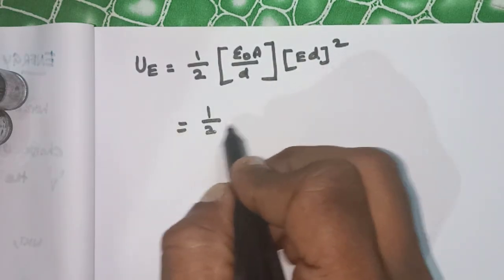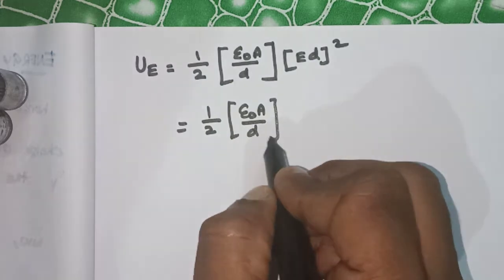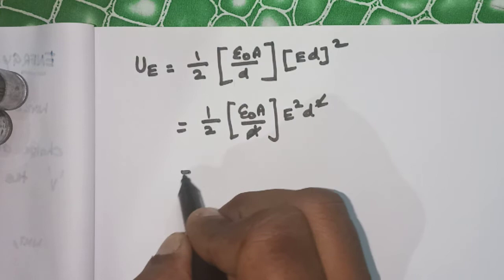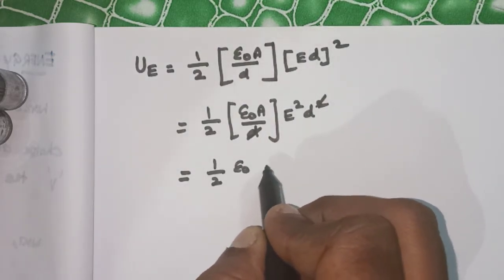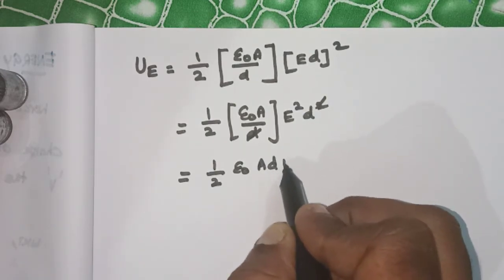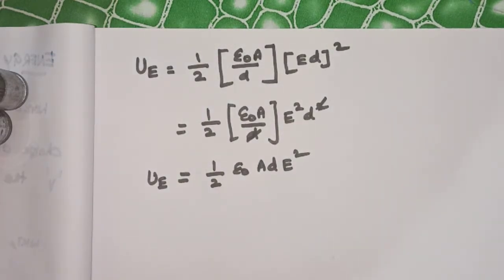So that is half epsilon naught A divided by D E square D square. So D D cancel. So half epsilon naught A D into E square. This is UE.